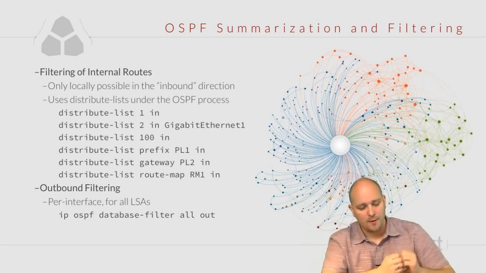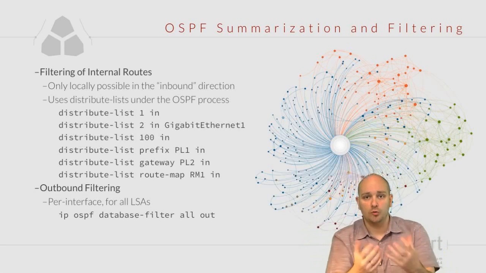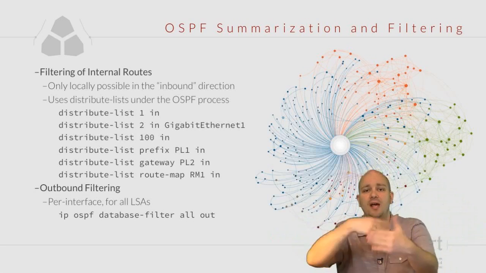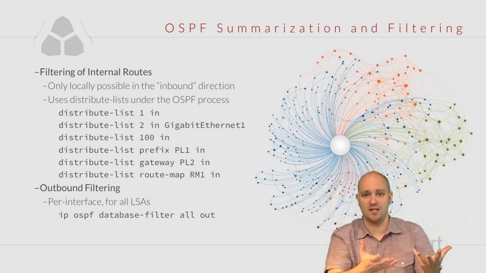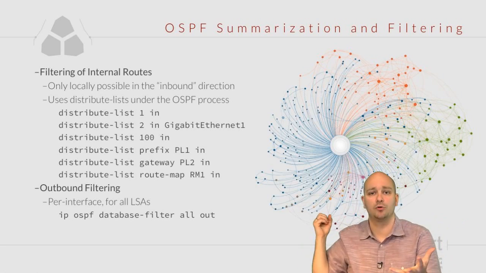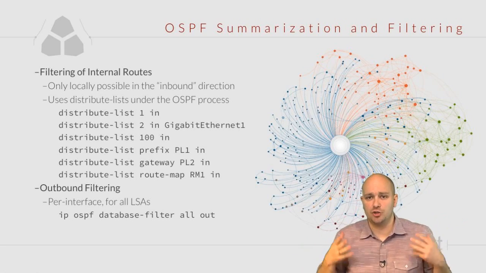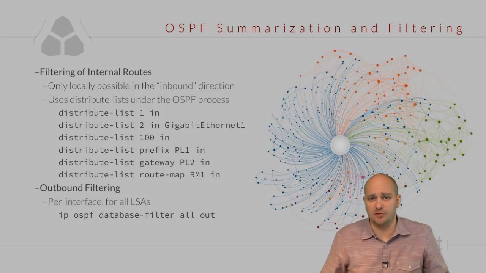When you configure this database-filter all out, we are going to be causing these routers here to gracefully reroute the traffic over their other uplinks, and once that happens, we can take this router out of service without much impact. So this is kind of a transitory, a temporary command that we can put in our routers to ease the transitions.